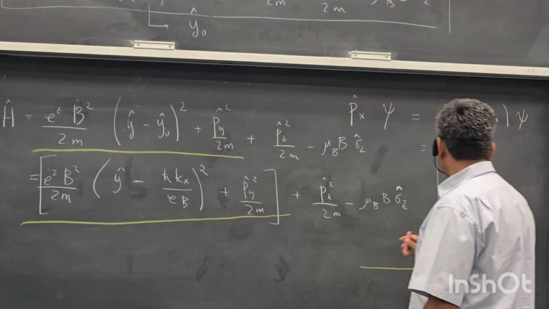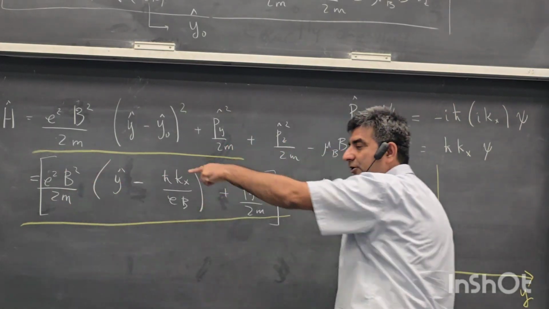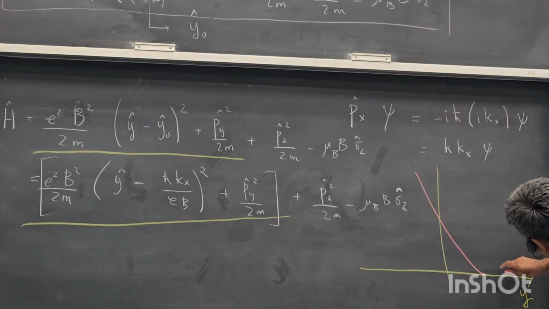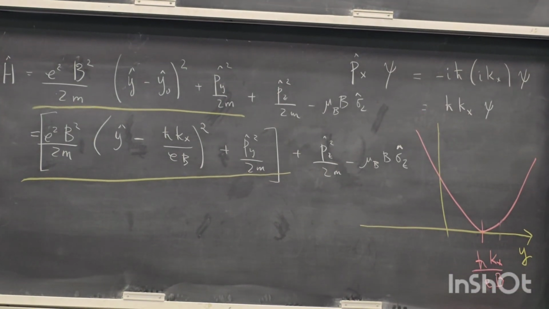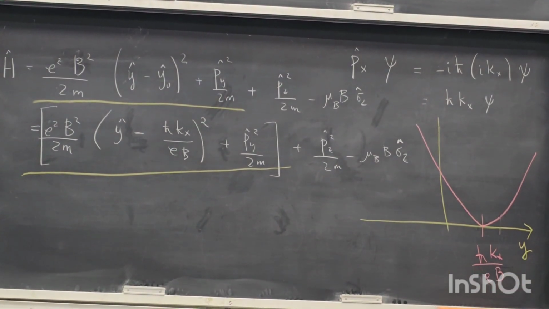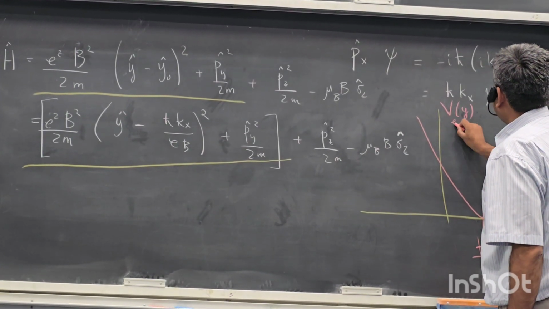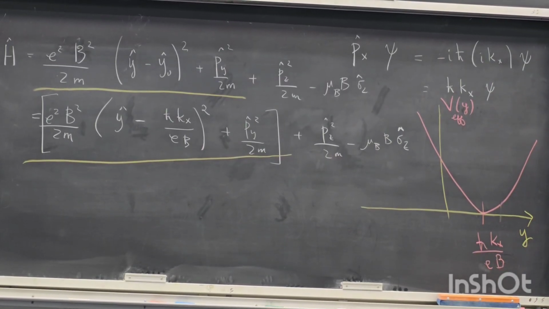Right? So the potential energy curve corresponding to these terms, which I put in a yellow box, is simply of this kind. This point is h bar kx over eb, depends upon the magnetic field. So this is a diagram of the effective potential energy which this electron is seeing when the electrons are placed inside the magnetic field.